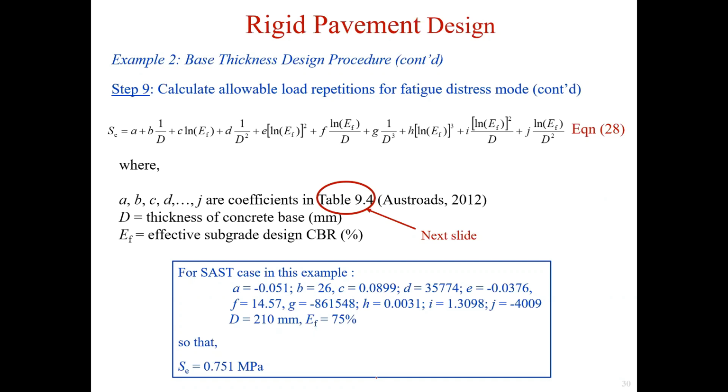So we can just get the corresponding constants for A to J. And D is 210 millimeter, and EF is 75%. So we're able to get the equivalent concrete stress SE as 0.751 megapascal.